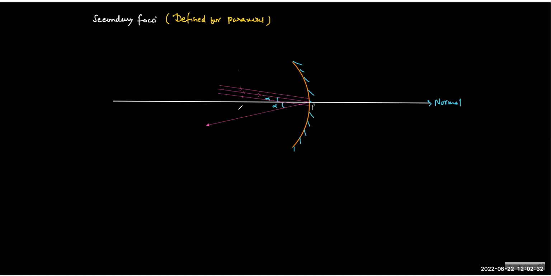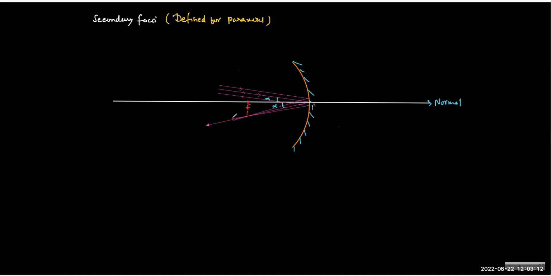Now we have a beam which is tilted. If the beam was not tilted, if alpha was 0, then all the rays would have converged at F. A tilt will make sure that it converges, but not on the principal axis, but off the principal axis, somewhere here. This ray will come here, and this will also come.